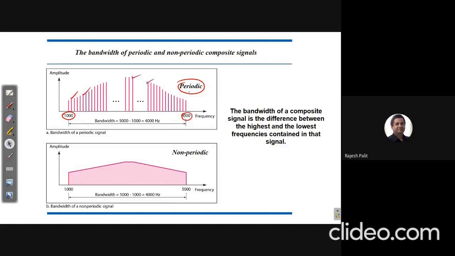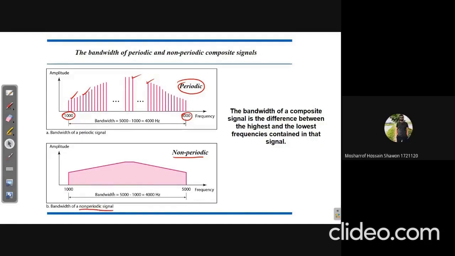But for a non-periodic composite signal, you see the frequency is continuous. You cannot distinguish among the frequencies. If you represent it in the frequency domain, clear?